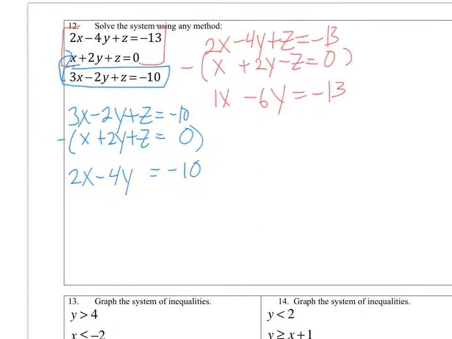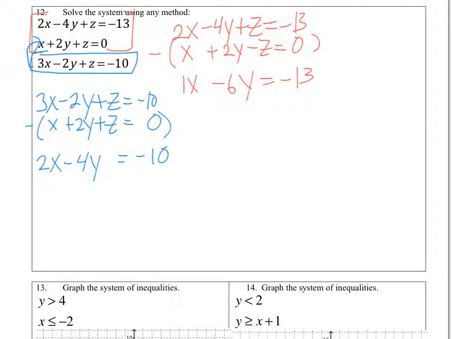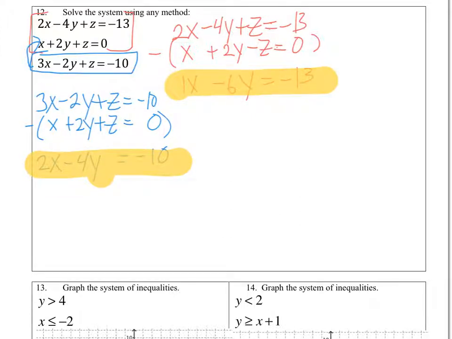I now have a system of two equations. Those are given by the things that I'm about to highlight here. And I'm going to treat those as a separate set of equations and begin solving them. So I've got 1x minus 6y is equal to negative 13.